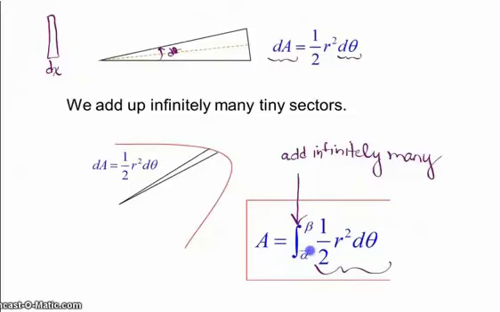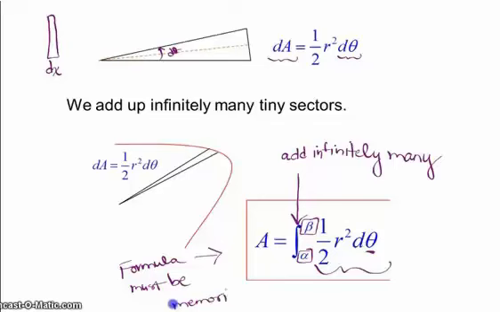And we don't have from a up to b in this context, we have from alpha to beta, because our independent variable is an angle measure. So you'll see alpha to beta in this context instead of a up to b. But it's still representing the lower limit of integration and the upper limit of integration. So here's the formula that we're going to use. The formula for area of a polar region. Formula must be memorized.